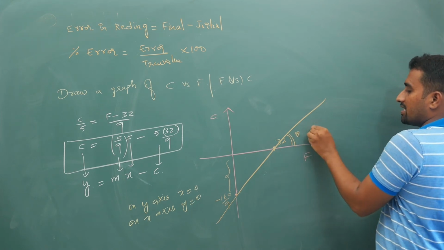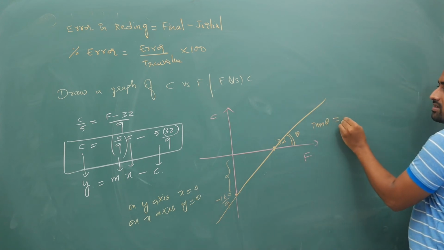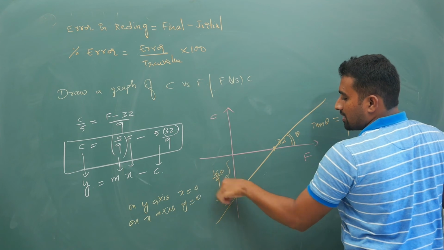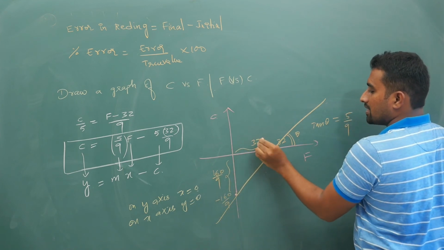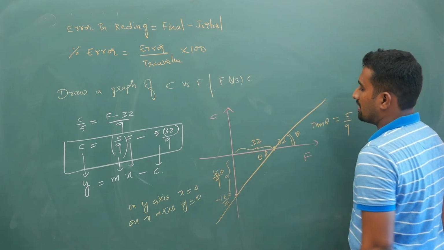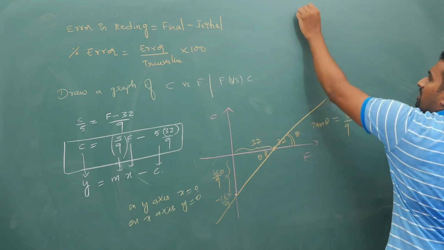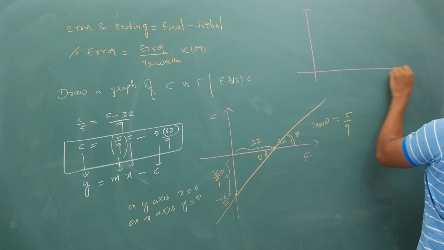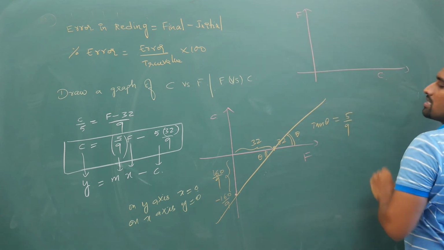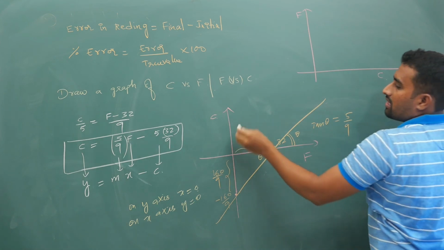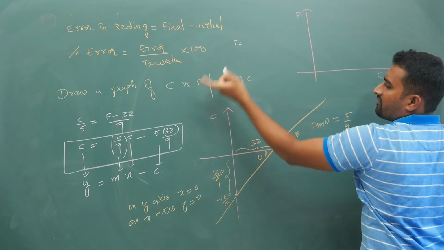This angle is theta, tan theta will give you 5 by 9. This value is 160 by 9, this value is 32. Accordingly you can substitute and get the answers. Next, if you are drawing the F versus C graph, how will the axes be? F is how much?